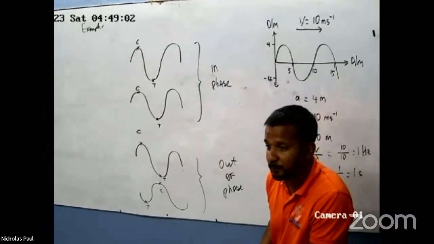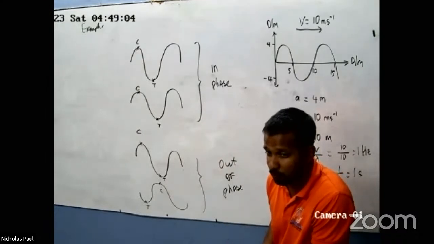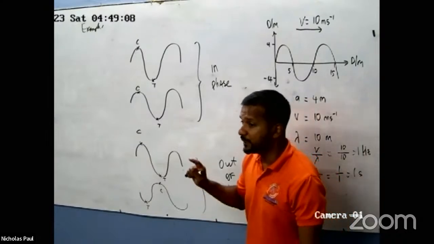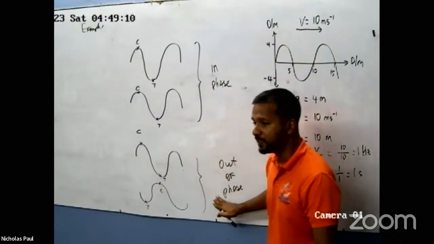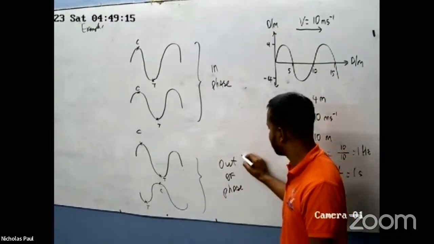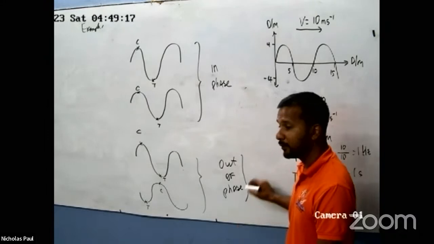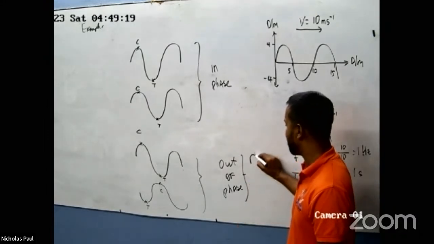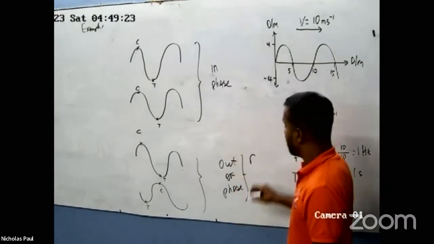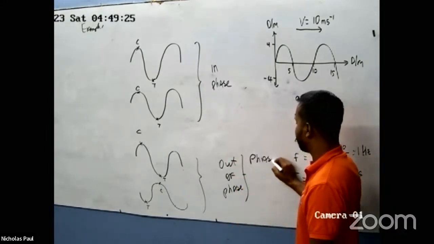You're seeing that? Are you sure? Everybody seeing that? So in words, out of phase is really a phase difference of how much? Very good. That's a key thing that you all just learned there. You'll do that in unit 1. This is a phase difference.